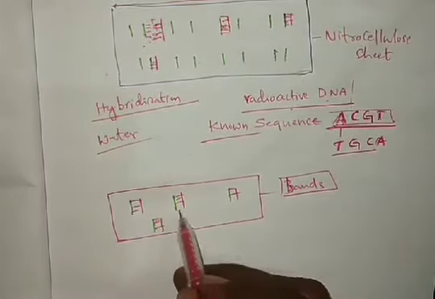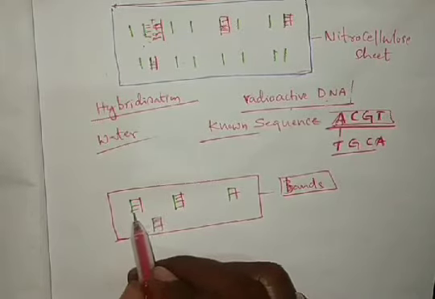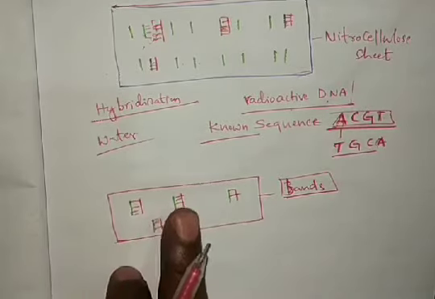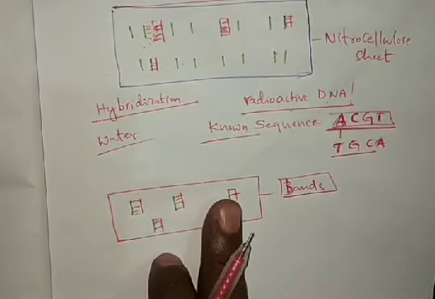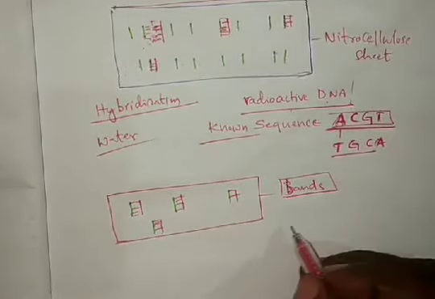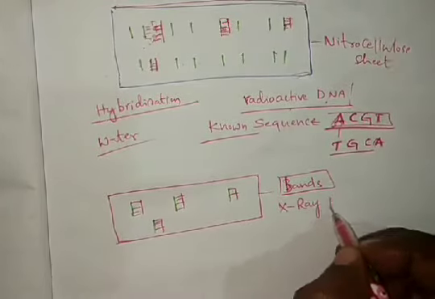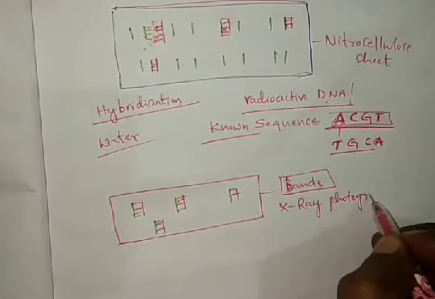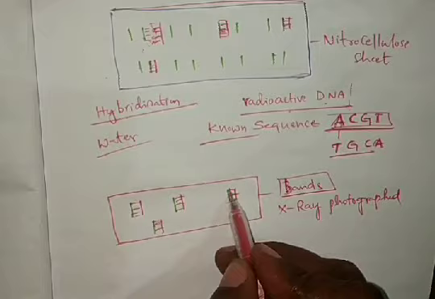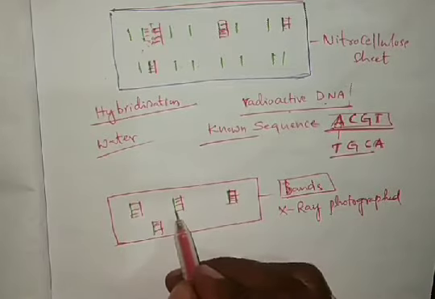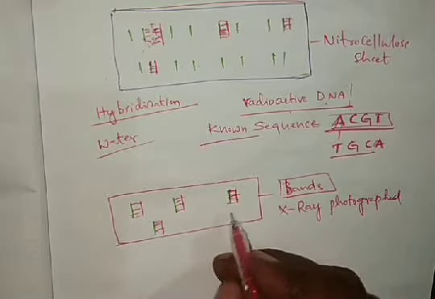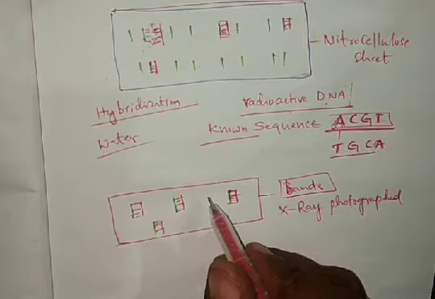When we introduce this nylon sheet, this nitrocellulose sheet, to X-ray photography, the hybridized DNA structures appear as dark bands on the sheet.